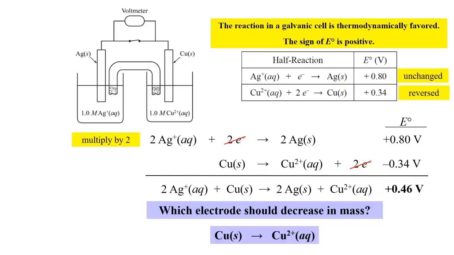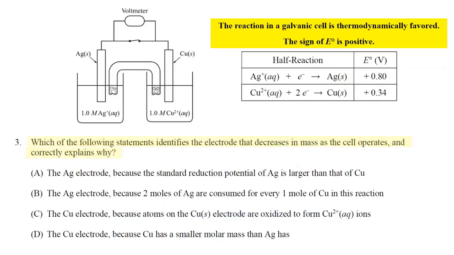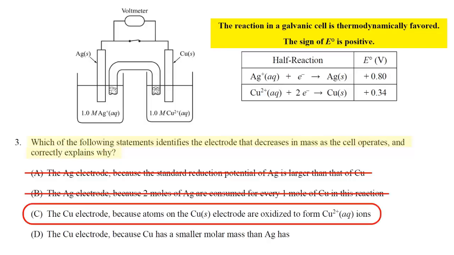So atoms of solid copper turning into aqueous copper 2 plus ions, that is why the copper electrode's mass should decrease. Let's go ahead and take a look at the correct answer to question 3. It's not the silver electrode that's decreasing in mass, it's the copper electrode. Is it because copper has a smaller molar mass than silver? No, the correct answer to question 3 is choice C.